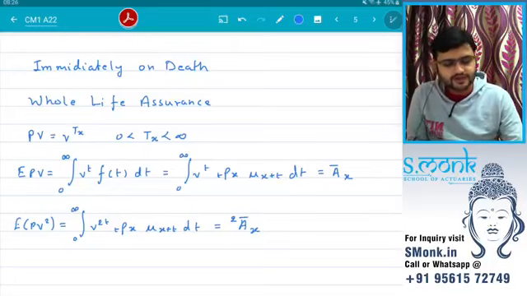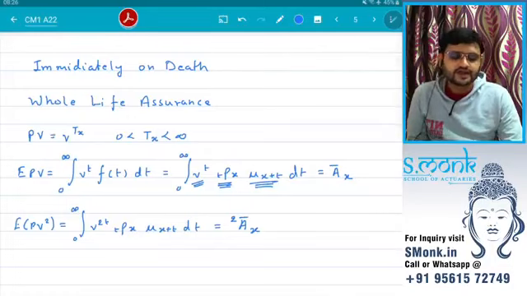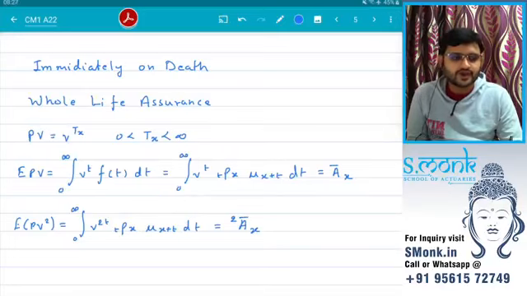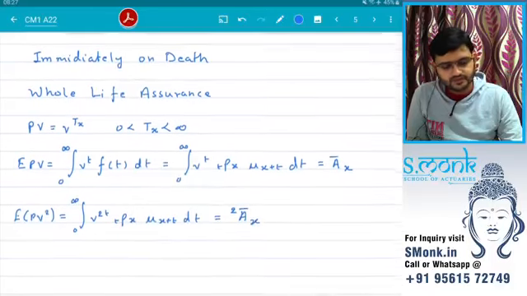So what are we seeing here? We are saying payment given at time t for a person who survived till time t and then died immediately at that age, the payment would be given to that person. And we are adding all such cases from time 0 to time infinity.